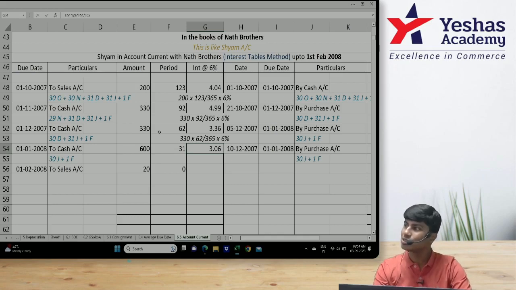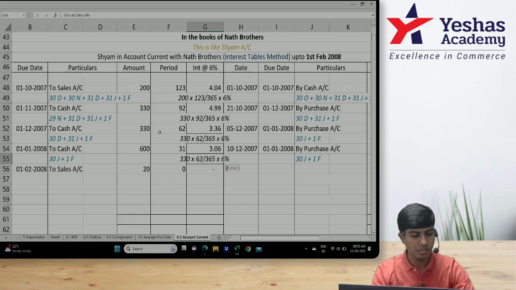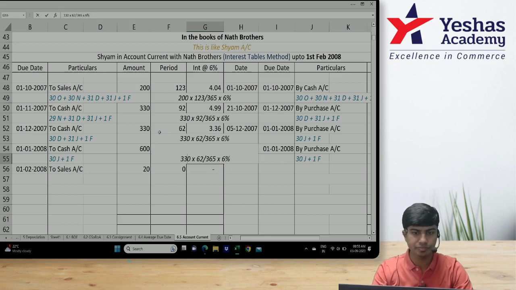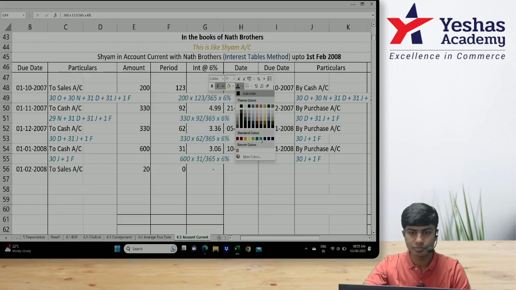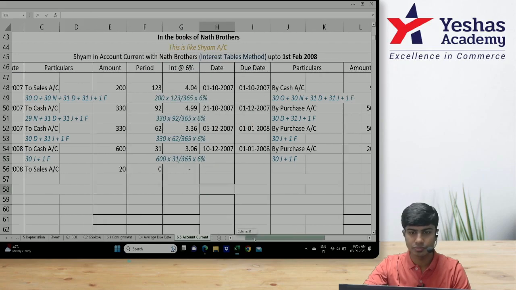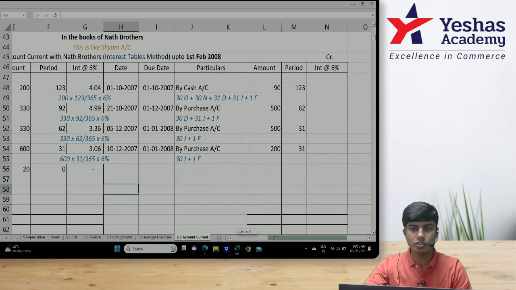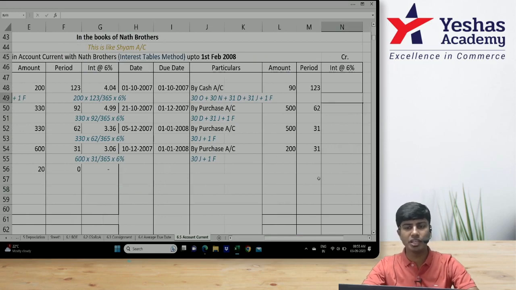Here 20 into 0 is 0. Shall we do it on the other side? Here also the same: 90 into 123 by 365.